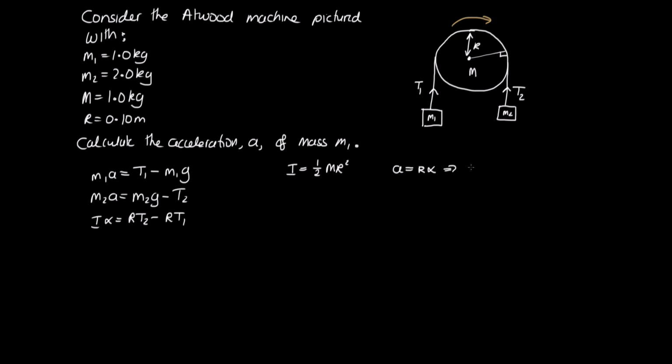So this tells us that alpha is equal to the acceleration over the radius. So we can substitute both of these into this expression here. So we've got a half mr squared times a over r is equal to r times T2 minus T1.